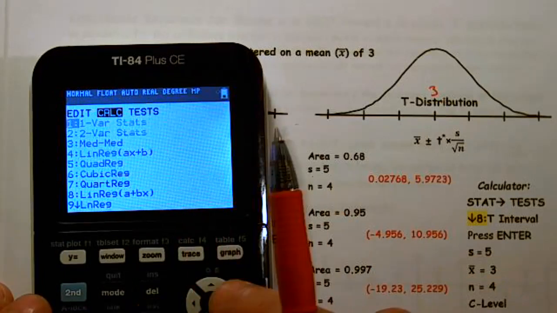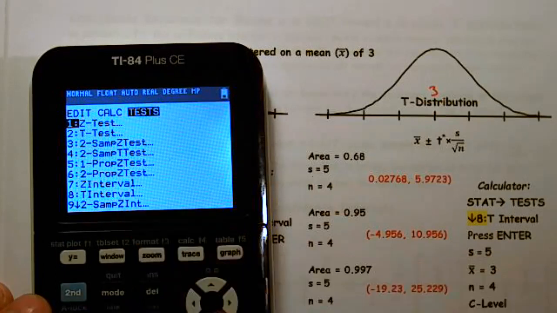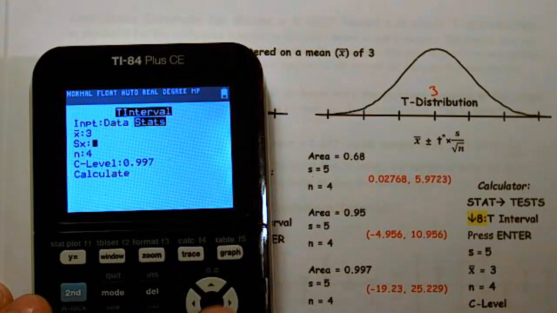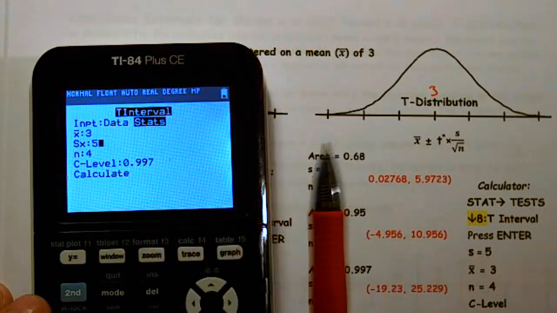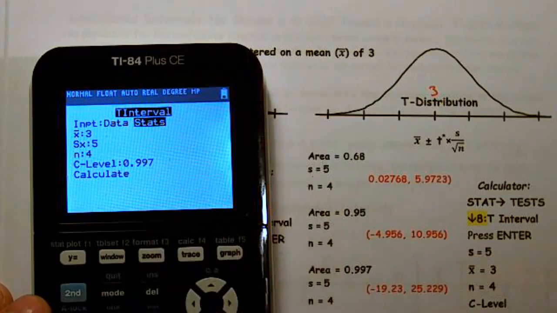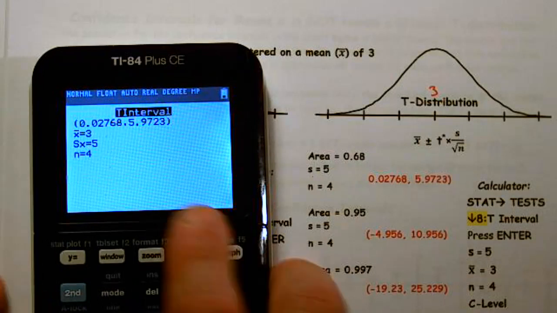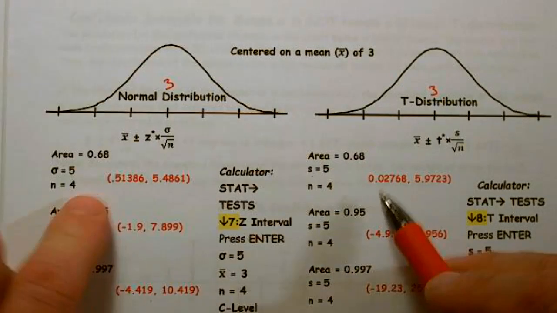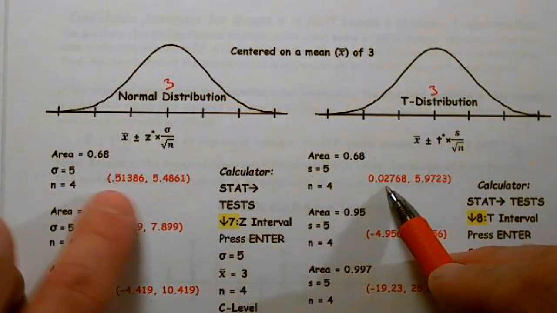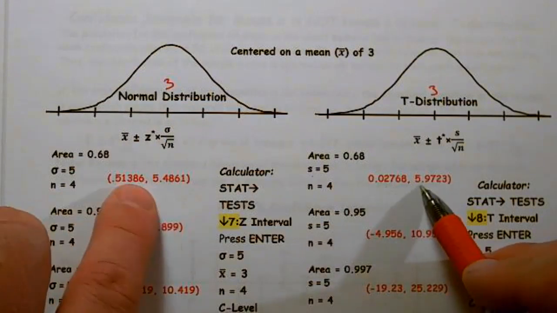So stats test, and now we're going to go to number 8, which is the t interval. And I need to change my standard deviation, put it back in as a 5. Please note we have an x bar at 3, and my confidence level is 0.68. And 0.02 is a little bit below 0.5, and 5.9 is a little bit above.